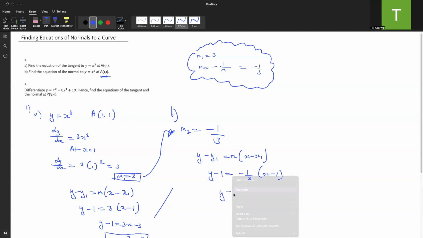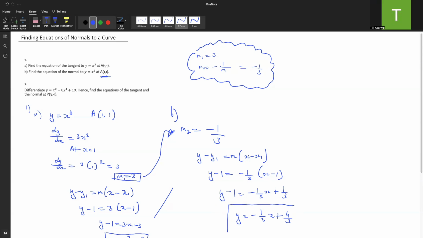So y minus 1 is equal to -1 over 3 x plus 1 over 3. Then if you bring the 1 to the other side, y is equal to -1 over 3 x plus 4 over 3. And that's the equation of the normal.